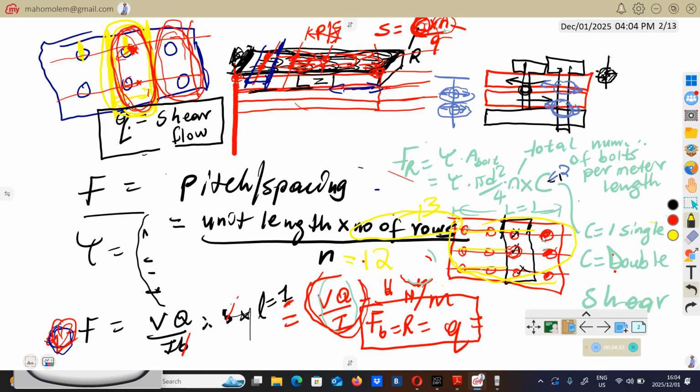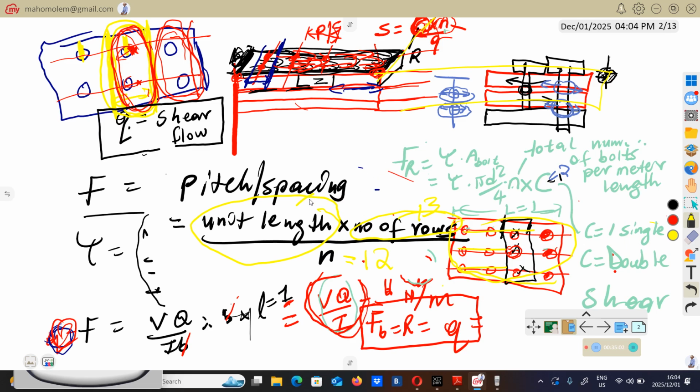So the unit length, and normally we want to know the unit length. What we normally do, we always use 1 meter length. Remember I said that this beam is continuing like that. We don't know up to where. But for calculation purposes, we only consider 1 meter length, and the rest we forget about.